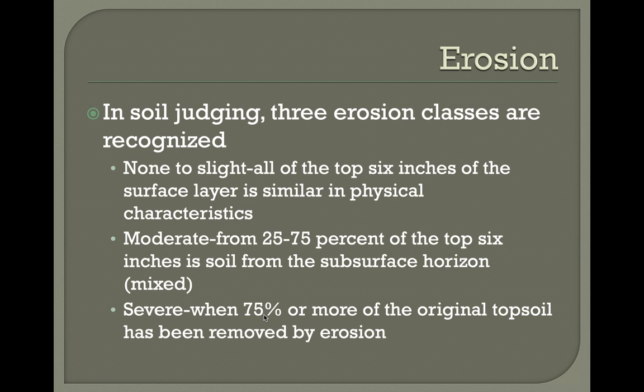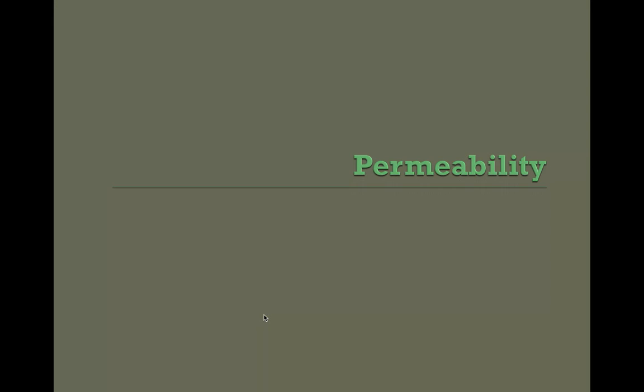But if you have got mixed soil from the subsurface in the top 6 inches, then you're probably looking at a moderate erosion. If you don't have any topsoil at all and you're really just going down into subsoil, then you probably have got some pretty severe issues with erosion. So we'll talk more about erosion in the next section when we talk about water, because that erosion and water tend to go together. Permeability is next.